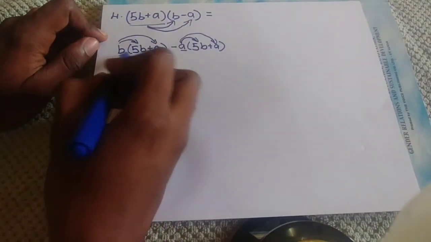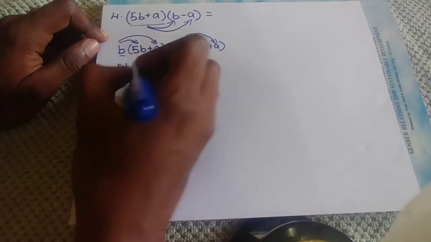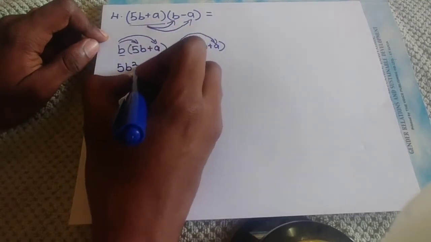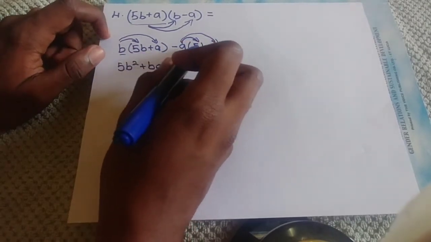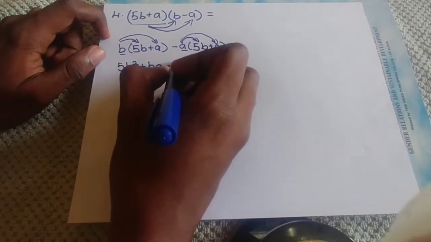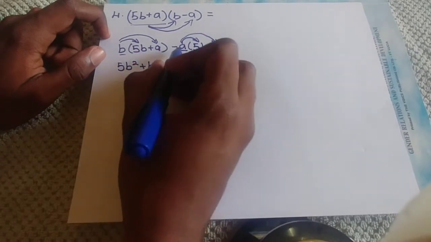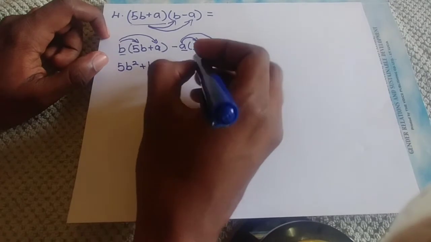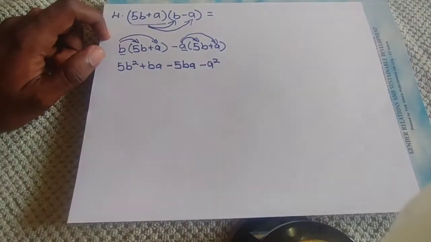So we have b times 5b, that's 5b squared, b times a plus ba. Negative a times 5b, that's negative 5ba, and negative a times negative a, that is negative a squared.